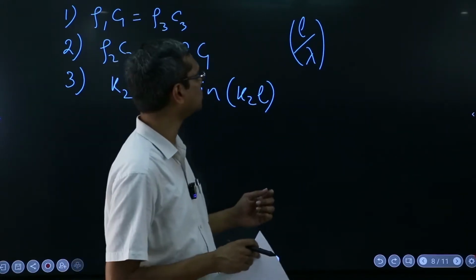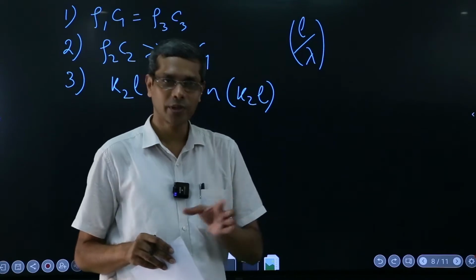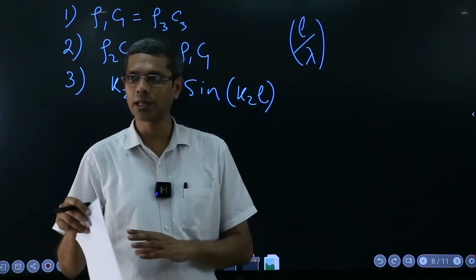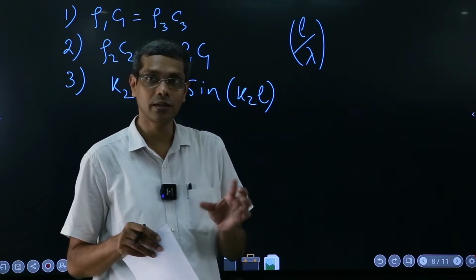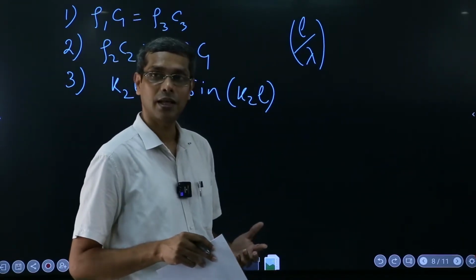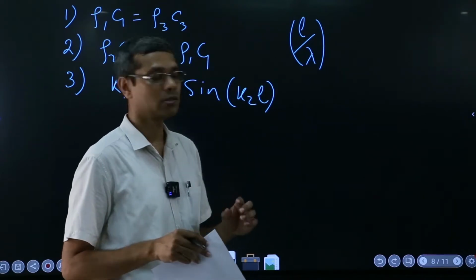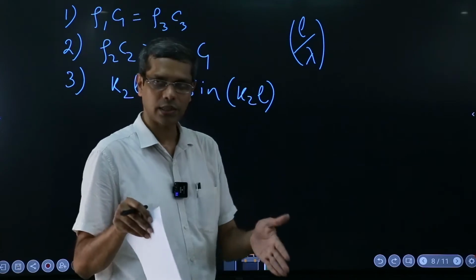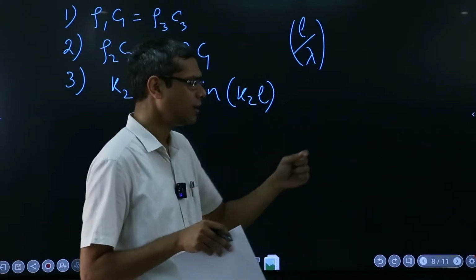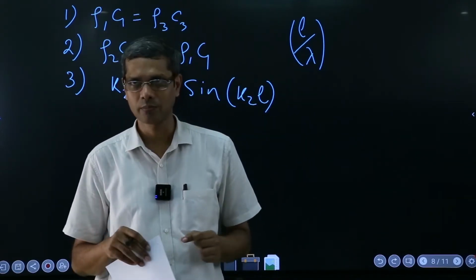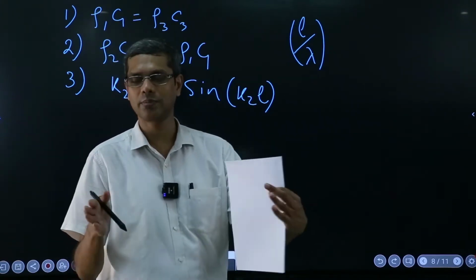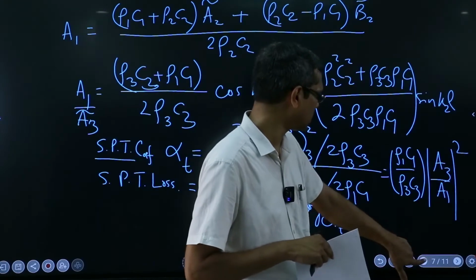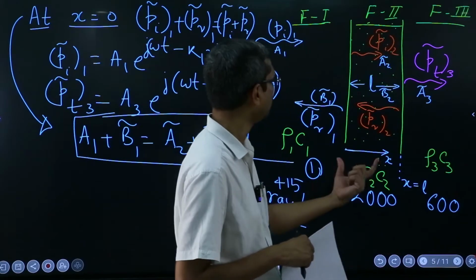But if you go to 1000 hertz, 10 centimeters becomes comparable with 30 centimeters, and if you go to 10,000 hertz, lambda becomes 3 centimeters, then everything changes. Everything changes, because then inside that second layer, variations of pressure can be seen. But at 100 hertz, the whole system acts like a single object. You see that? So that's one very important concept.